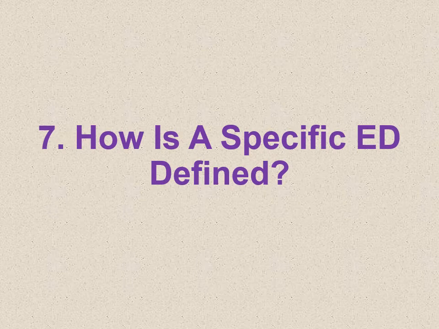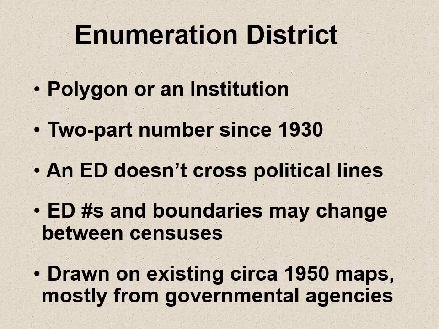Now let me say a little bit more about how an enumeration district is defined. It's usually a polygon. In other words, on a map it's a square or something like that, some geometric figure. It could be an institution. Institutions may have their own enumeration district number.